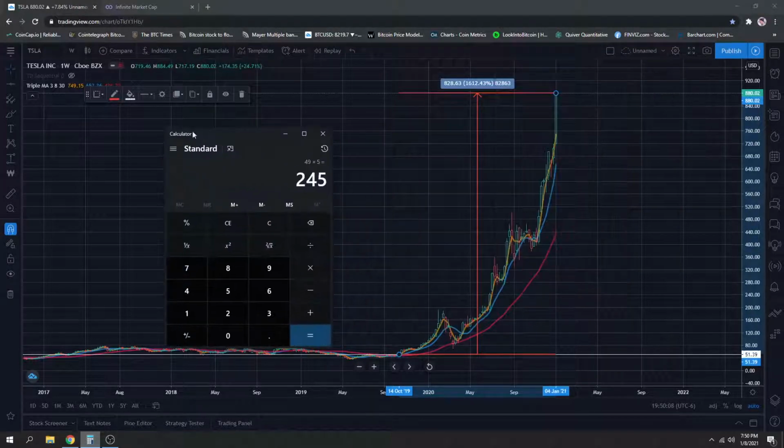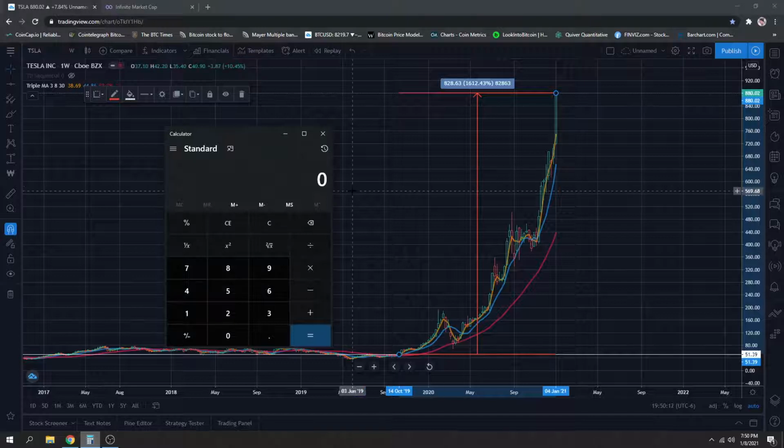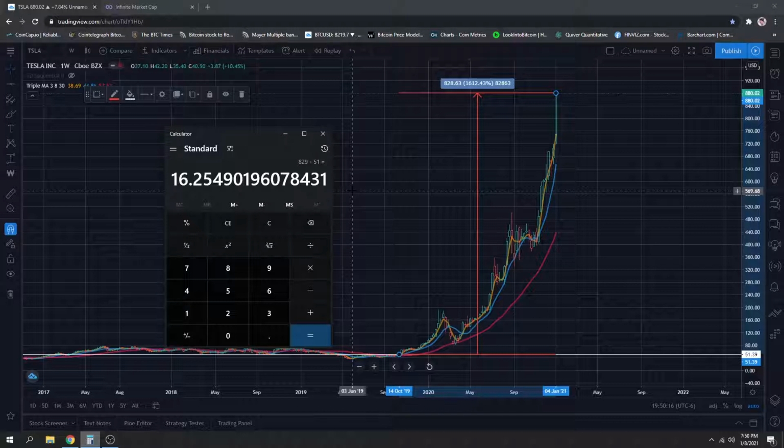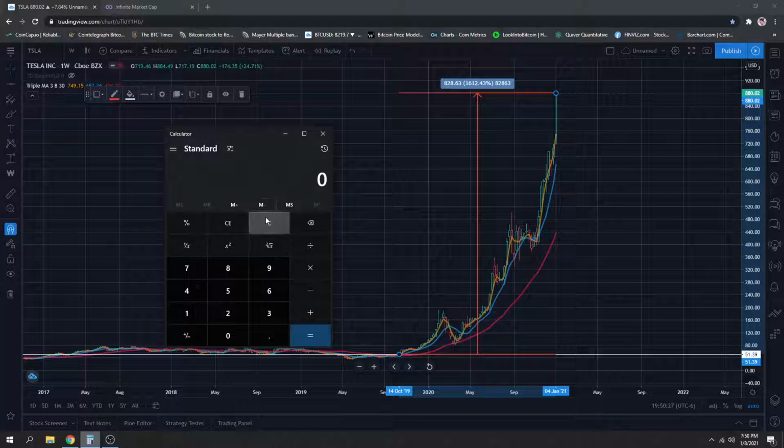So the way that math works is you take your price where you're at, so 880, say we did 51 divided by 51. That's what we have here, about 1,600%. And then you have to account for the money that you put in, and that would be about 17x. You can also do it this way: 880 divided by 51 to determine how many times your money you would get. There you go, 17x your money.